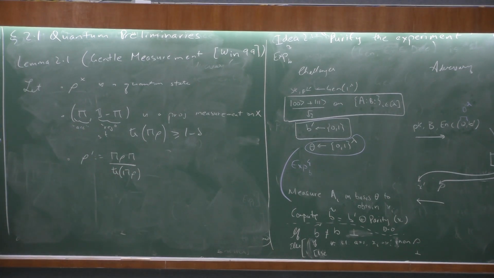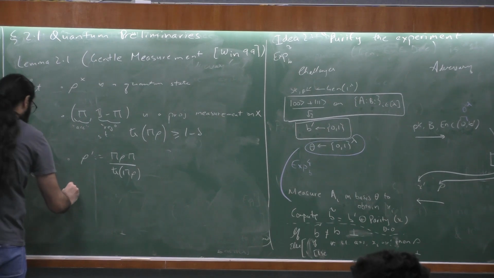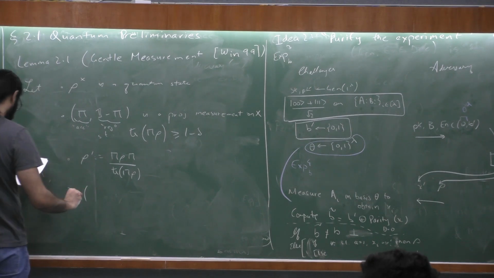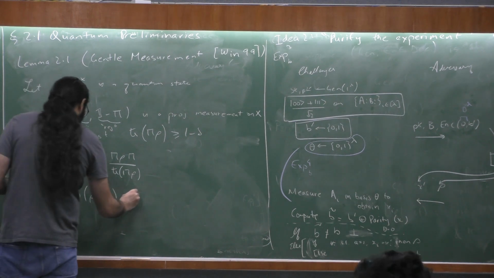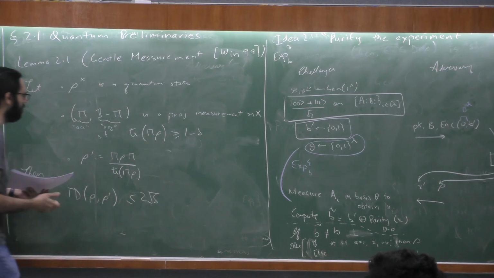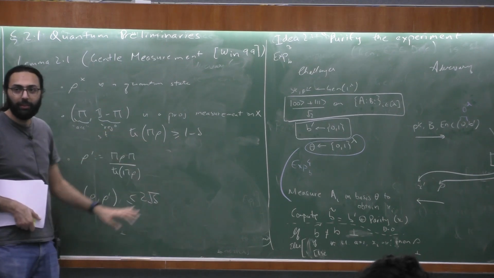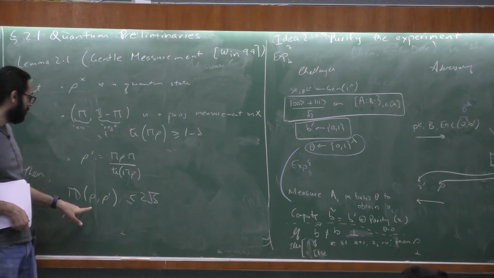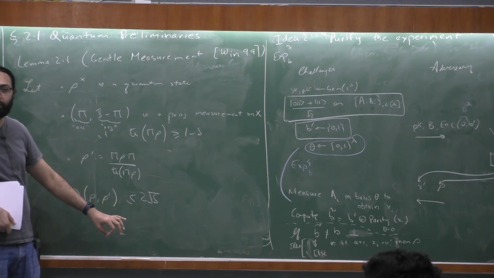Then the statement is the following. You can say something about the trace distance between rho and rho prime in terms of delta. So if you're somehow guaranteed that the projector succeeds with this probability, then you know that the post-measurement state and the initial state are very close in trace distance.